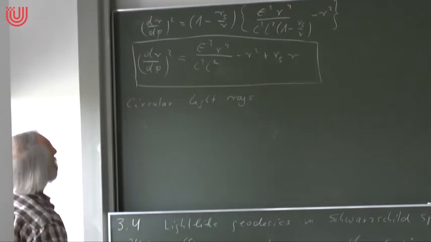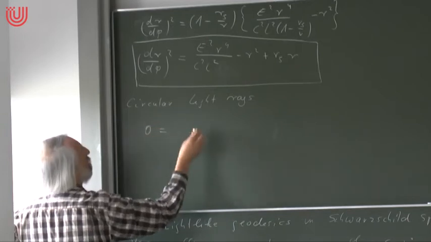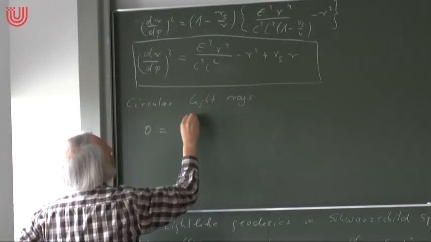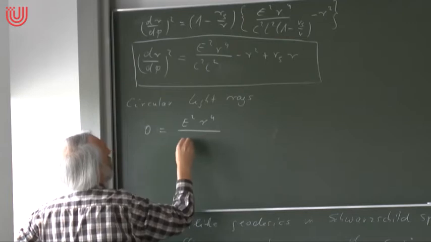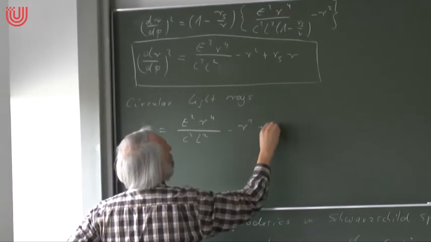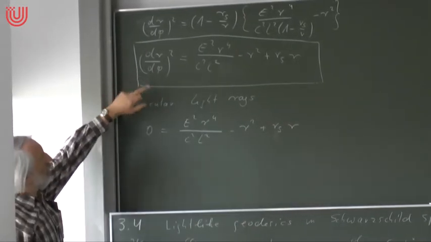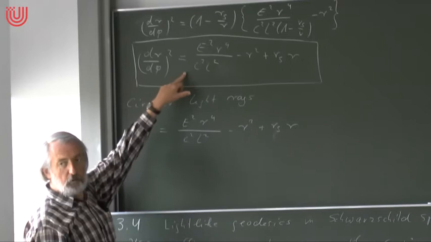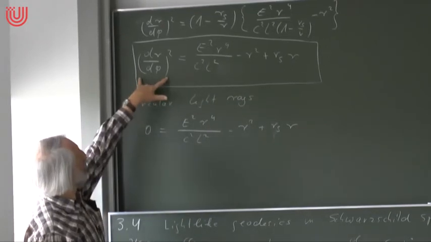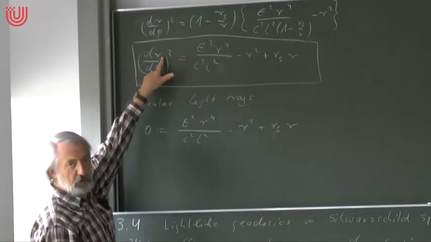We must have 0 equal to this expression, E squared r to the 4 over c squared L squared minus r squared plus r_s r, because dr by d phi is 0. But also the derivative of this thing must be 0, because if I take the derivative of this side, and the function r is constant, then I still have a 0.